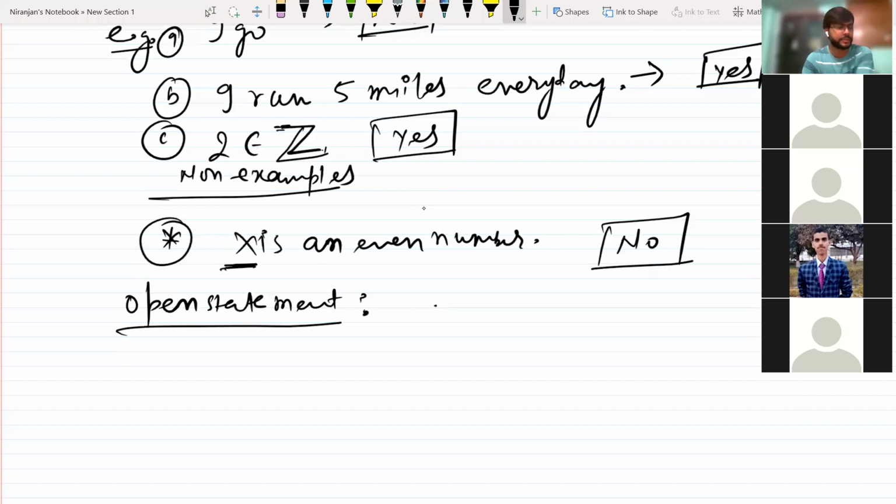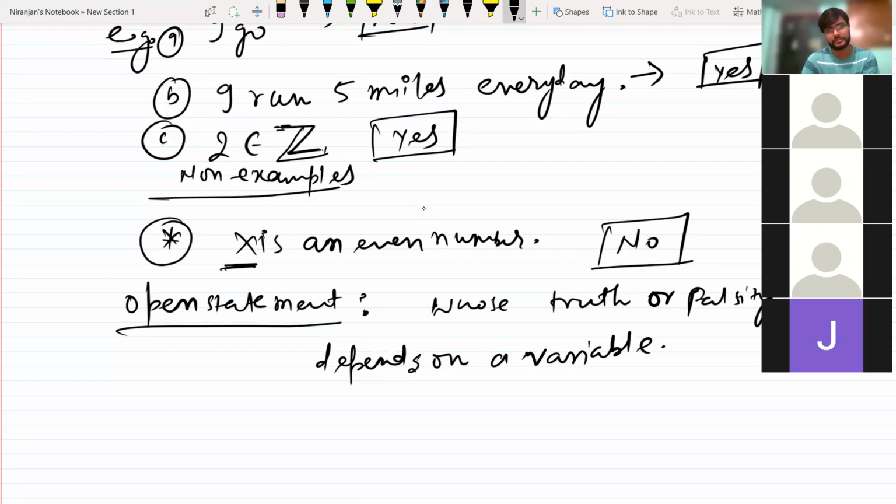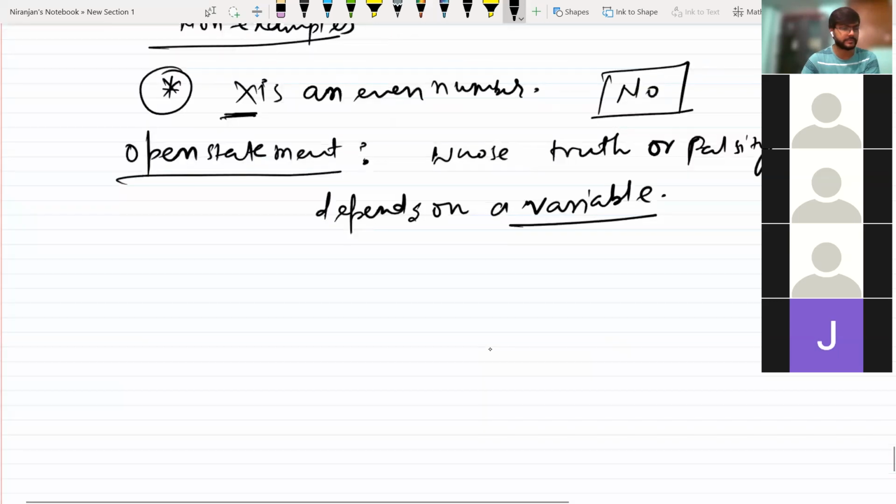An open statement or open sentence is one whose truth value, truth or falsity, depends on a variable, or variables. Always remember that. When you have multiple variables and you cannot say about its truth value, whether it's true or false, you call it an open statement.